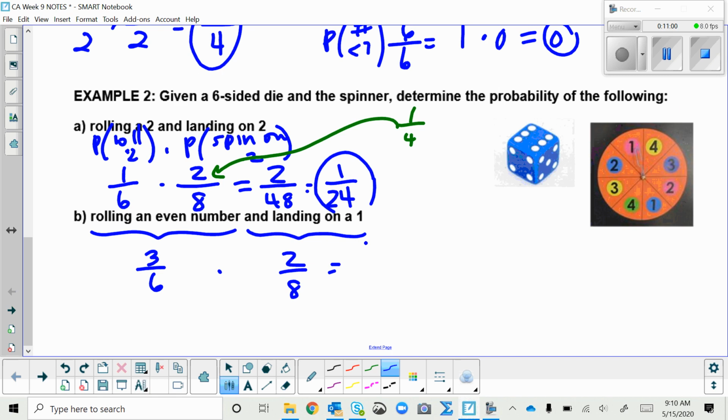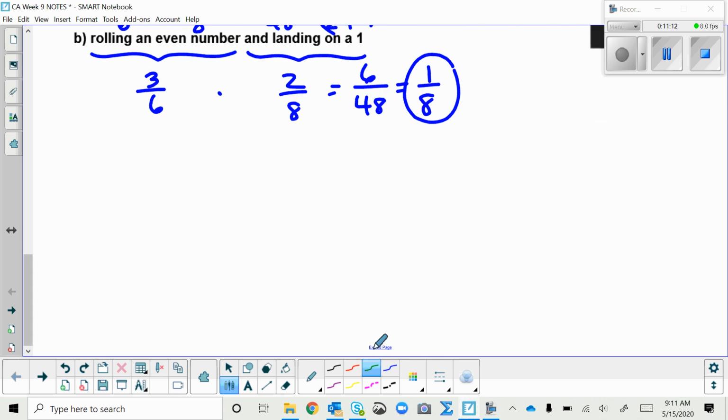So that is 6 out of 48. Divide both of those by 6. That simplifies to 1 over 8. And you'd get the same thing if you simplified the fractions before multiplying. So that would have been 1/2 times 1/4, which is 1 out of 8. So that's the front of your notes for independent events.